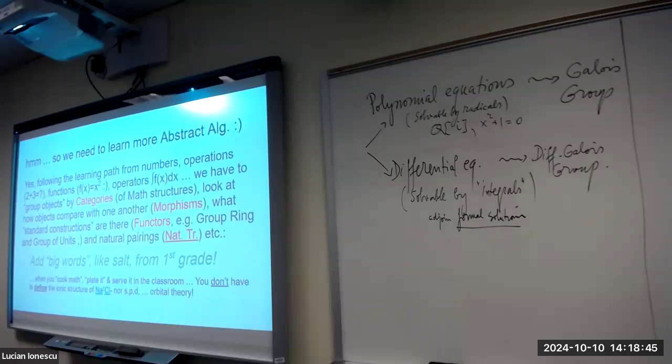And then there are standard constructions between categories. You take an object of one type, for example a group, and then you construct the group ring, and we don't need to know exactly what the group ring is right now, which is an object of a different category. This standard construction is a functor. And since we talked about group rings, of course there is the other way around: one studies what group of units there are of rings, so going from rings to groups.